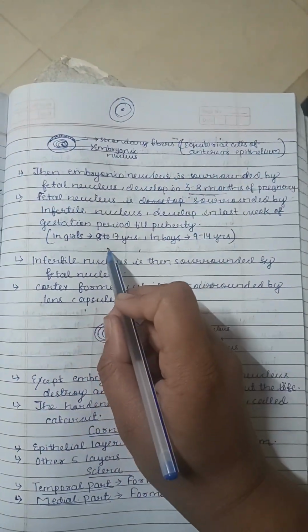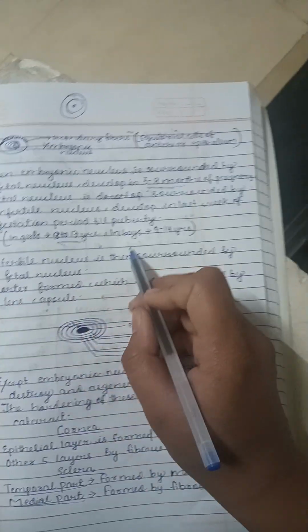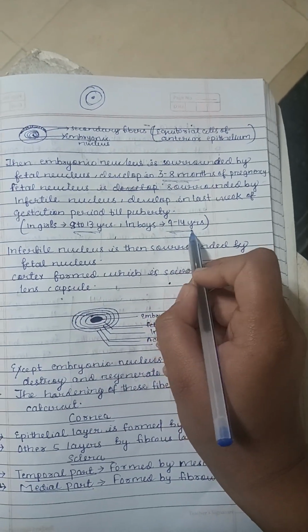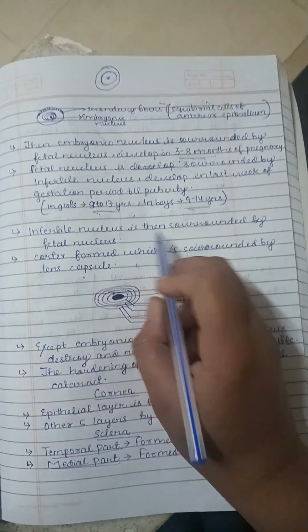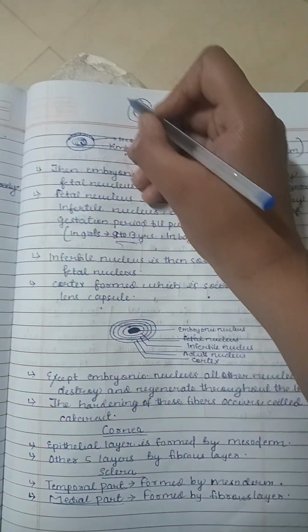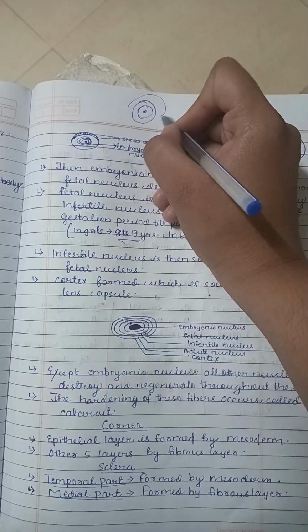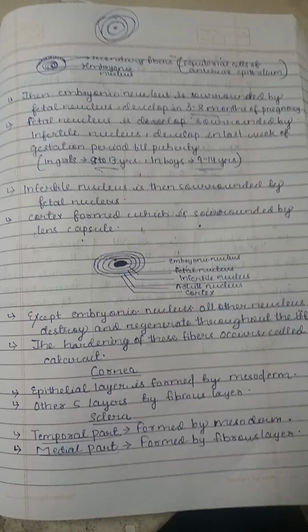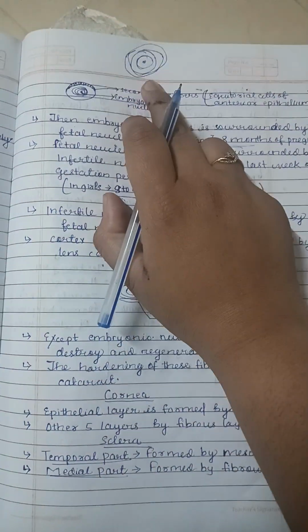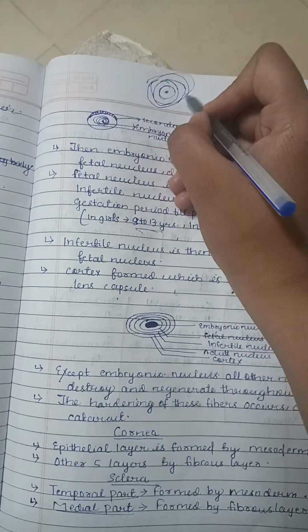Puberty means in girls it develops in 8 to 13 years, and in boys it develops in 9 to 14 years. Now, the infantile nucleus is surrounded by the adult nucleus. This adult nucleus is surrounded by the cortex.